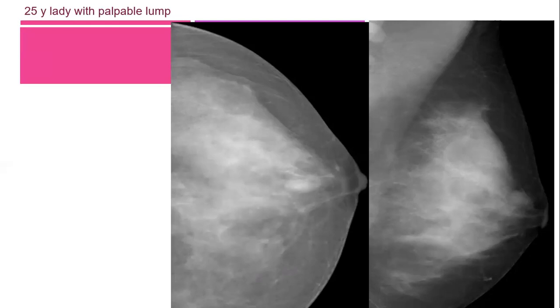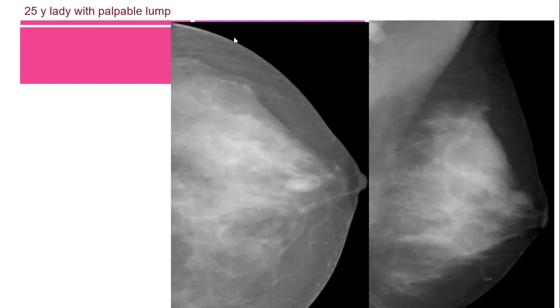Mediolateral oblique and craniocaudal views of the left breast show an oval-shaped, circumscribed, high-density mass at the retroareolar region. No associated calcification or microcalcification.